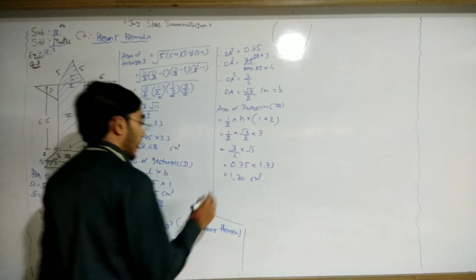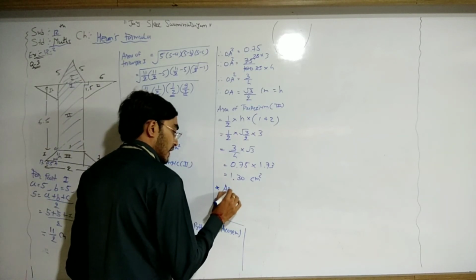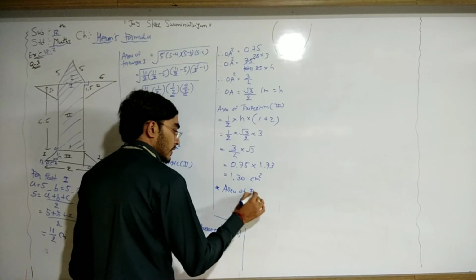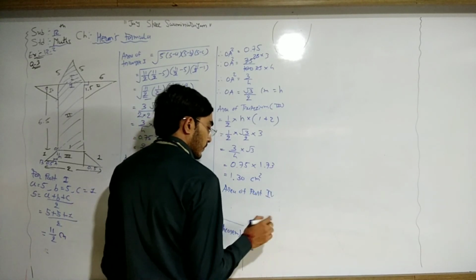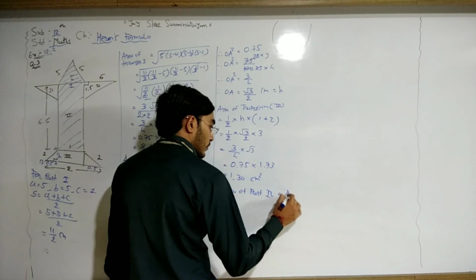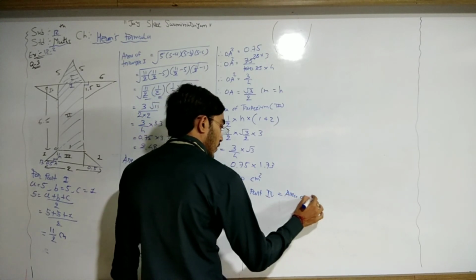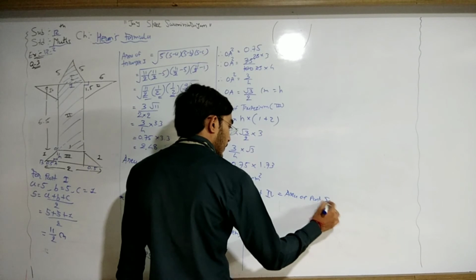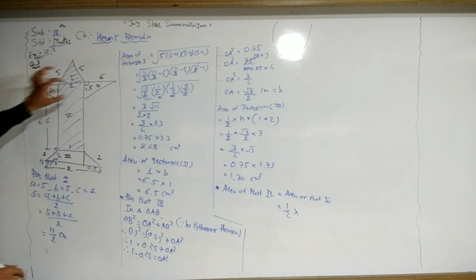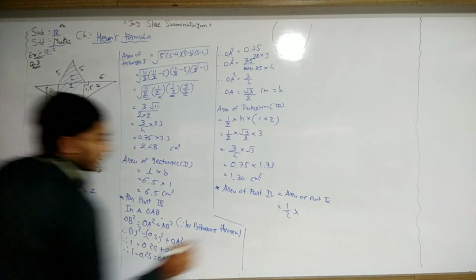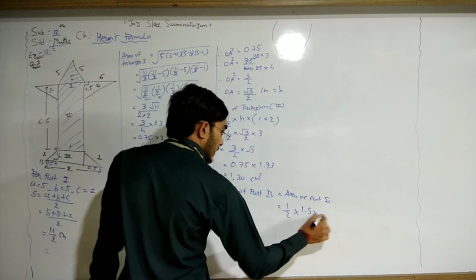So here, area of part 4 is equal to area of part 5, which is equal to half into base multiplied by height, 1.5 multiplied by 6.